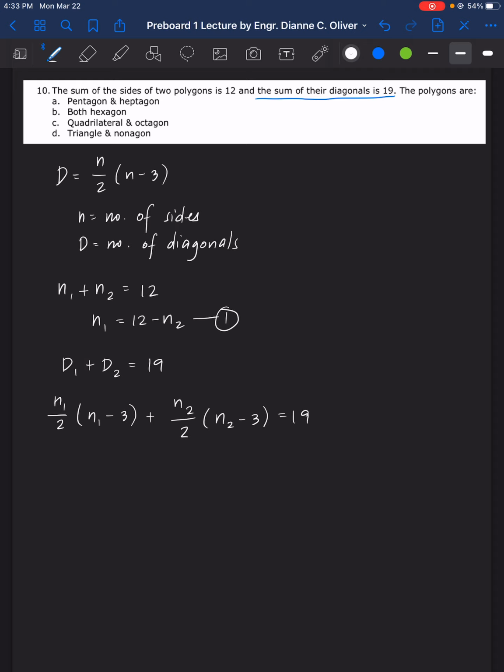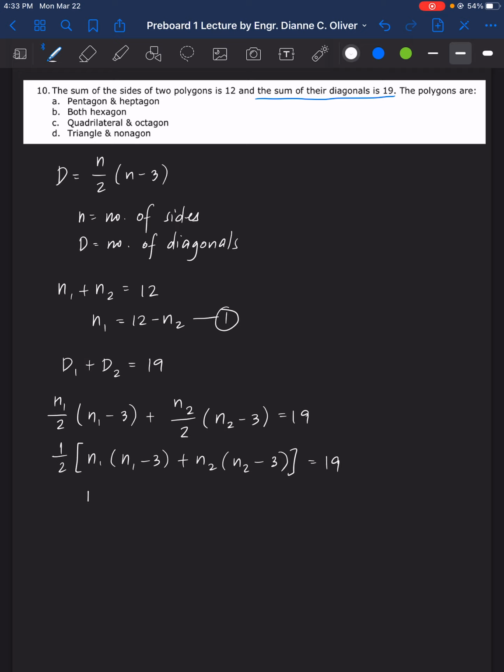So we remove the common 1/2. So this is 1/2 times n1 minus 3 plus n2 minus 3 is equal to 19. So this is equal to 19.